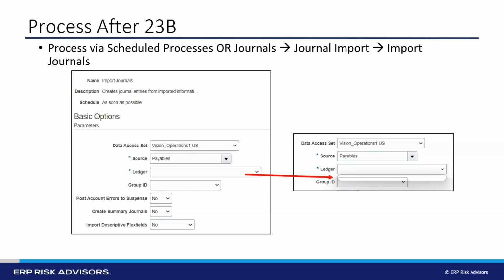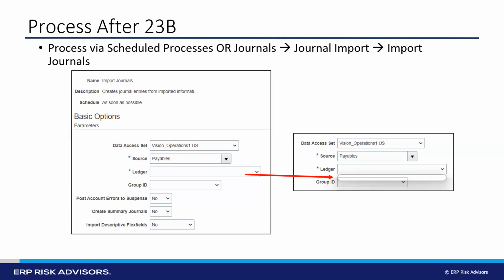Where this process is stopped is when the user tries to enter the ledger. So it almost looks like they can complete the whole process, but when they go to enter the ledger, which is a required field, the list of values will not populate. So if you're in a position of trying to explain this, let's say you fix this issue after 23B. Now 23B is probably in most of your environments.